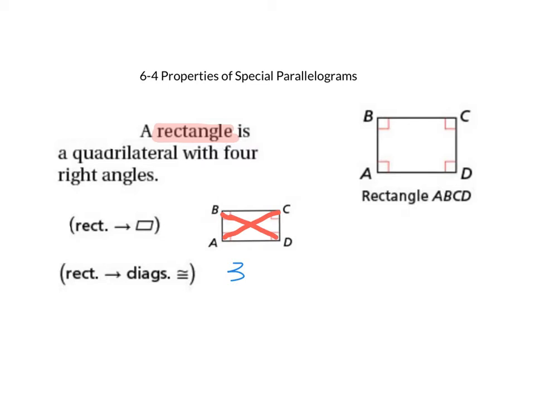The length of BD is congruent to the length of AC. I didn't want to mark it because then it might look like the diagonals are bisecting each other, which they are, but I want to stress more so for rectangles that the diagonals are congruent.